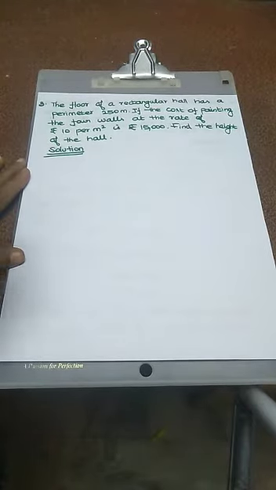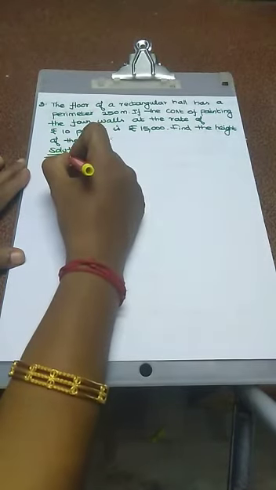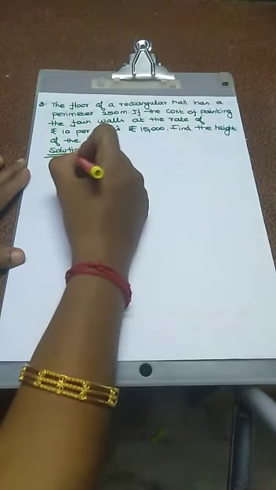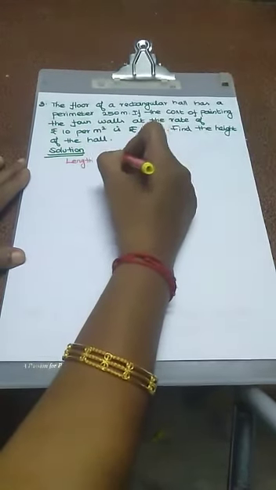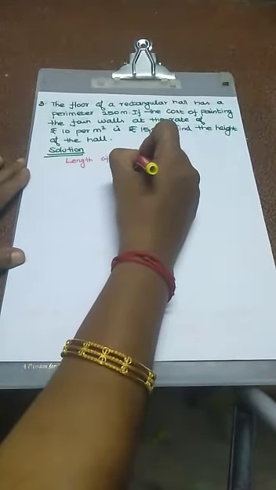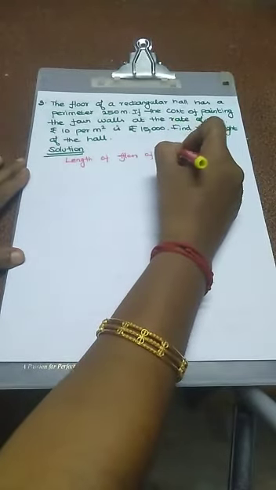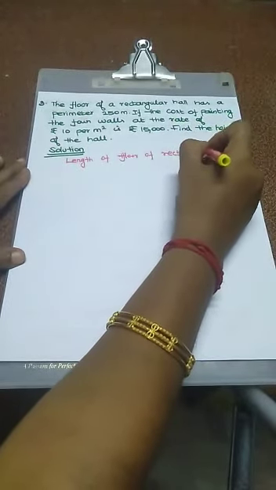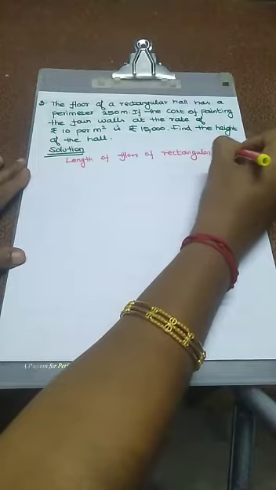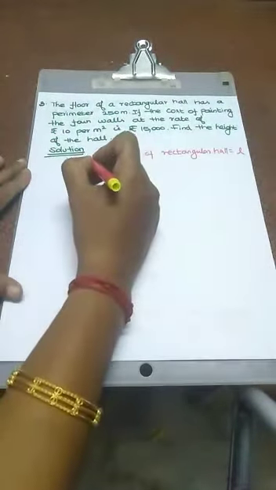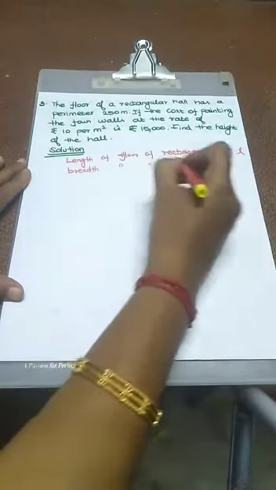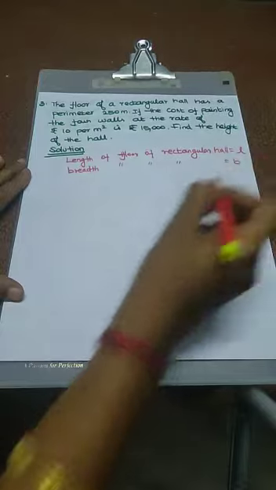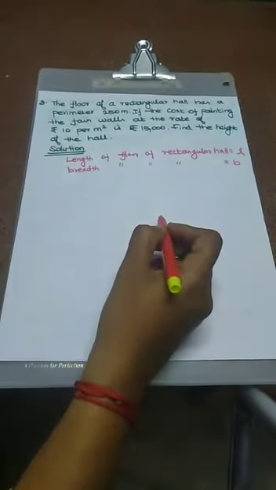First apply the values in the formula. We take the length of the floor of the rectangular hall as L. We don't know the value, so we just imagine it, that is L. Next, the breadth of the floor of the rectangular hall is B. We just imagine these two values.